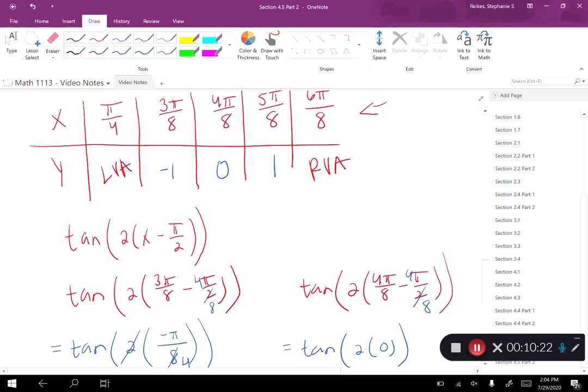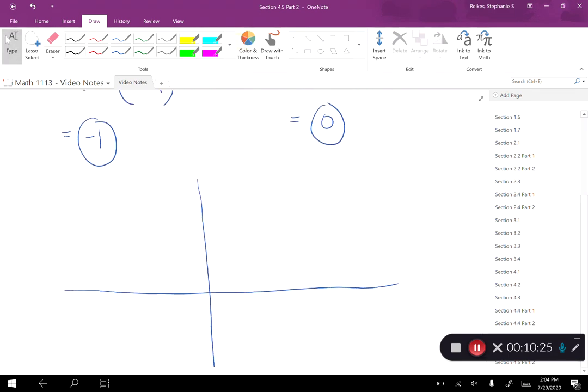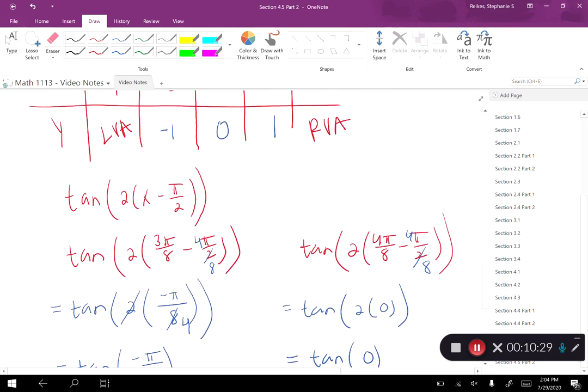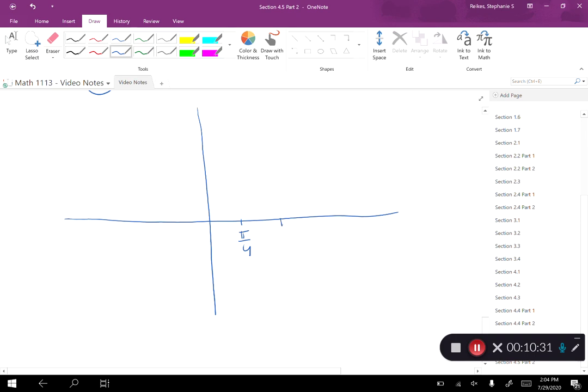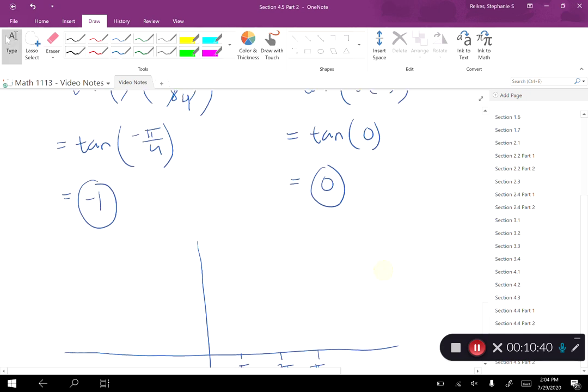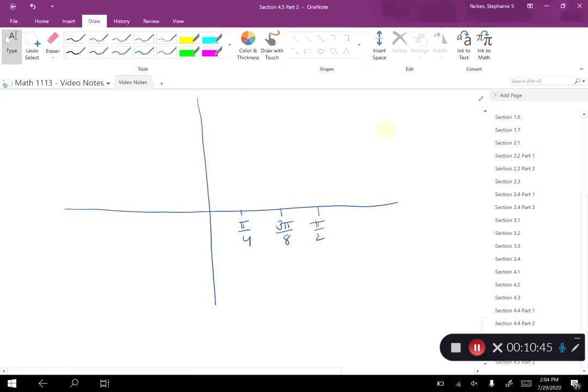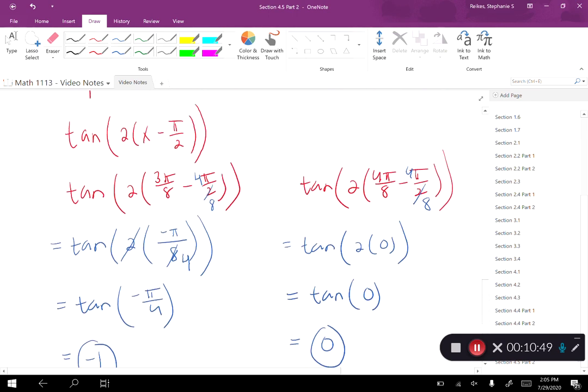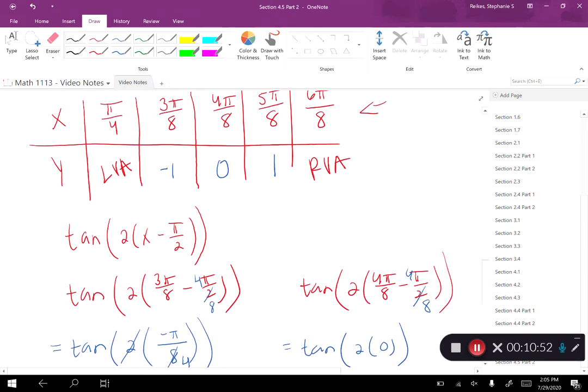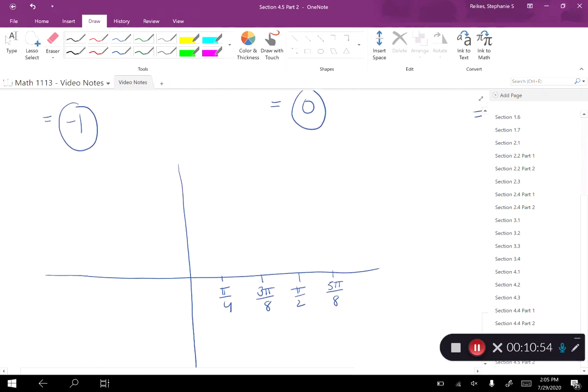My x-coordinates were pi over 4, 3 pi over 8, had 4 pi over 8, so I can just say pi over 2. I had 5 pi over 8 next, and 6 pi over 8, which was 3 pi over 4 reduced.